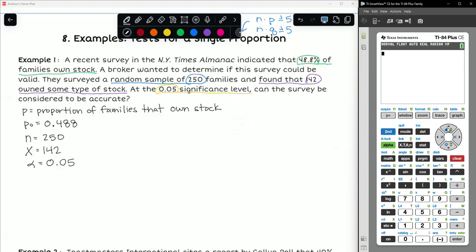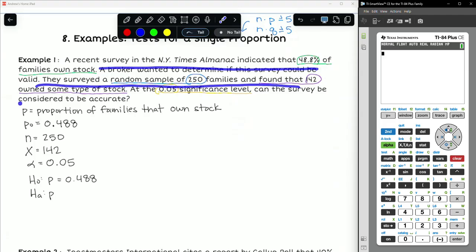Once we've performed the check, we go about our hypothesis testing. So we write our null and alternative hypotheses. For claims about a proportion, the null statement is always equality. We're claiming that it equals 48.8%, or 0.488. And they ask, can the survey be considered accurate? Nowhere in this wording do they mention a key phrase that indicates less than or greater than.